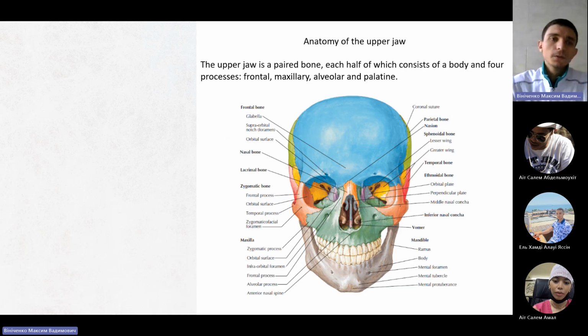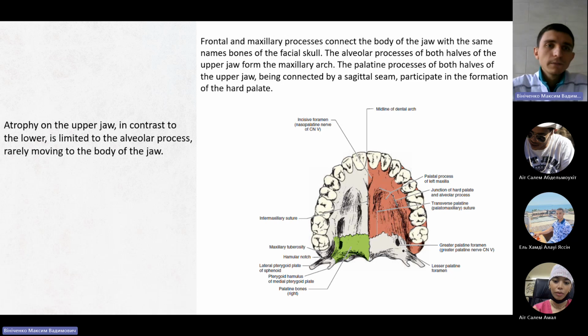Anatomy of the upper jaw. The upper jaw is a paired bone, each half of which consists of a body and four processes: frontal, zygomatic, alveolar, and palatine. Frontal and zygomatic processes connect the body of the jaw with the same-named bones of the facial skull.